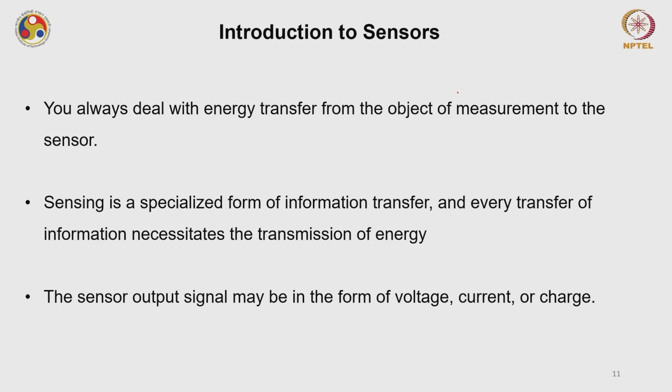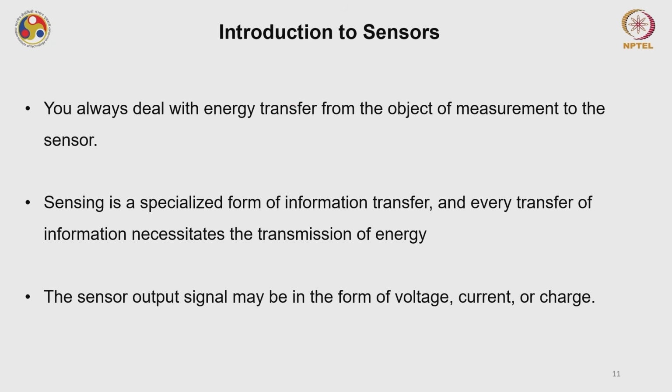In a sensor you always deal with energy transfer from the object of measurement to the sensor. It can be vice versa also; the energy transfer can also be from the sensor to the object, or there can be no transfer. We'll see that. Sensing is a specialized form of information transfer, and every transfer of information necessitates the transmission of energy.